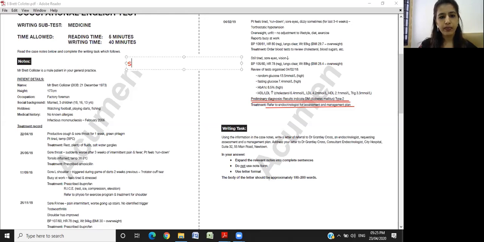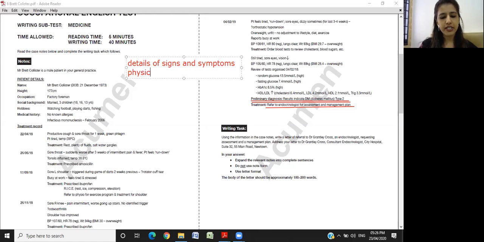They would need to know the details of signs and symptoms which particularly lead to the diagnosis of diabetes, not all the signs and symptoms that they are experiencing.